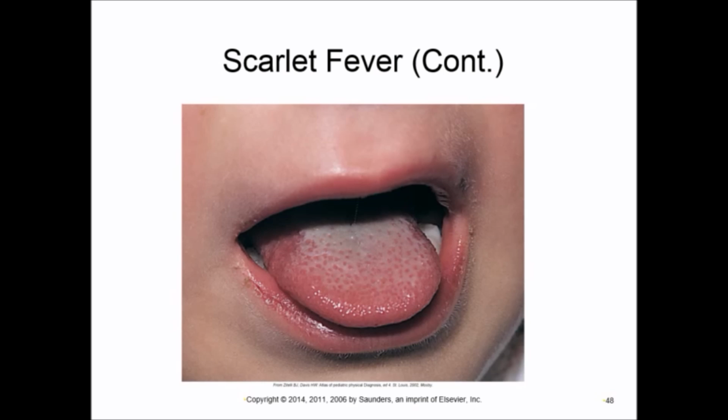So strawberry tongue plus high fever, wheezing, dyspnea, vomiting, shallow respiration, cough, sore throat, fever. Specifically, strawberry tongue.